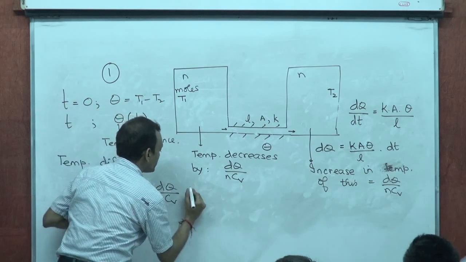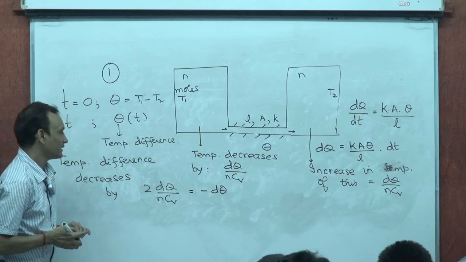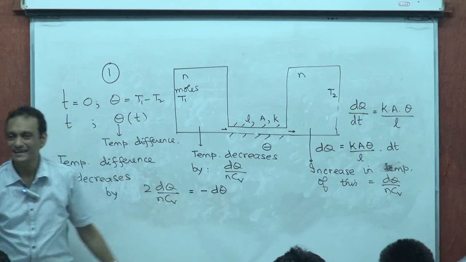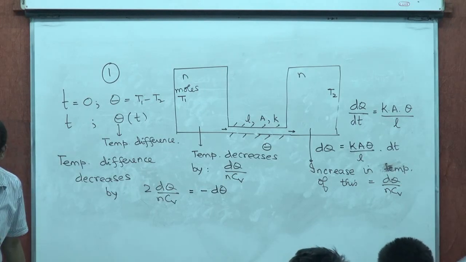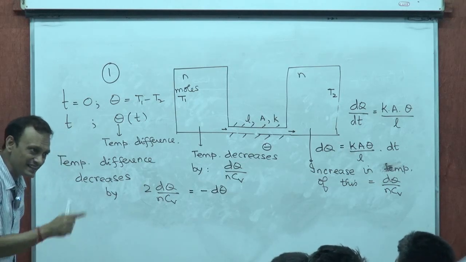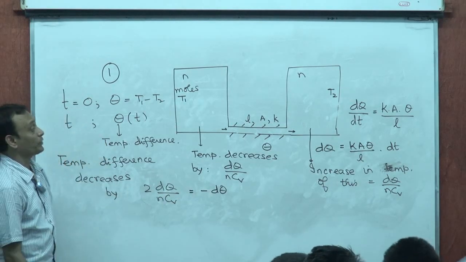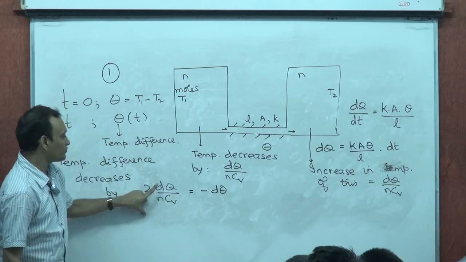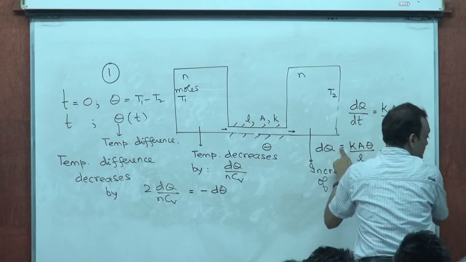So do you realize that this is actually minus d theta? The decrease in temperature difference would be minus d theta. Right? d theta will be negative because theta is decreasing with time. What are we seeking to find? We are seeking to find theta as a function of time. What we could do then is we could write dQ as this.